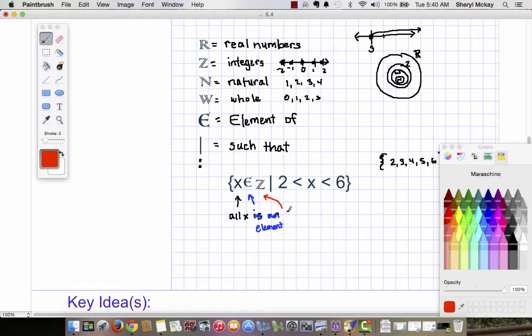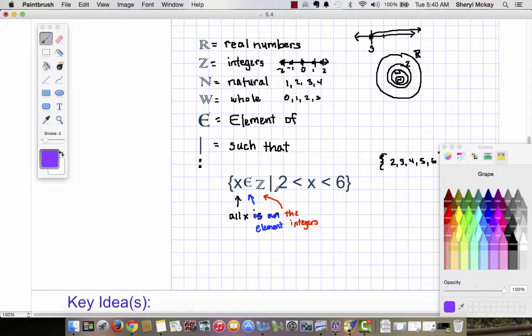Okay, so that's basically saying what main set x is coming out of, okay? So x is an element of the integers, and then we have this line, and this is sort of our defining part.